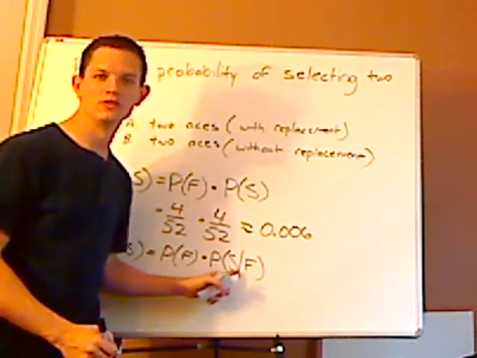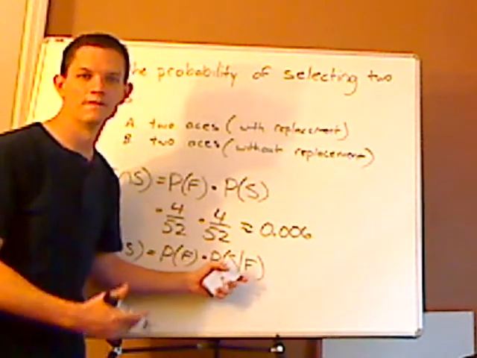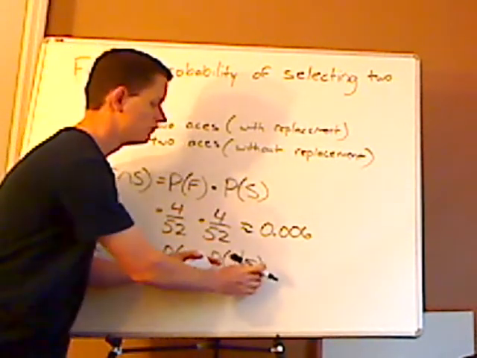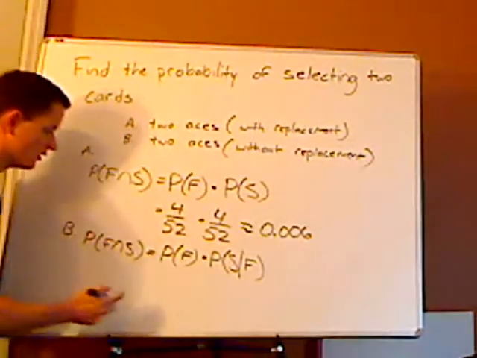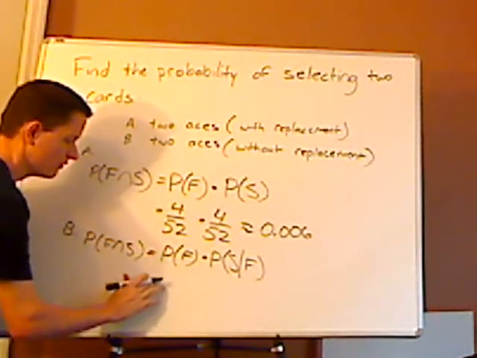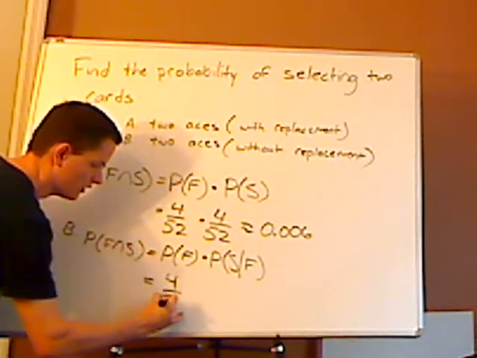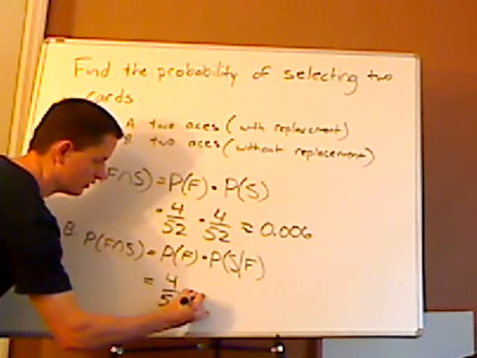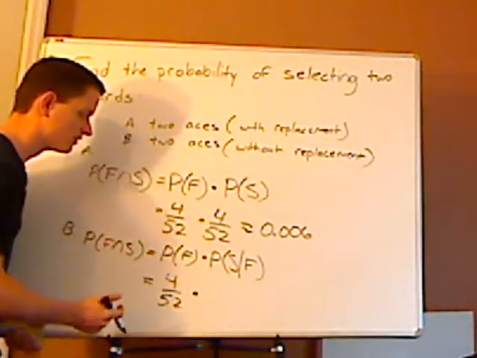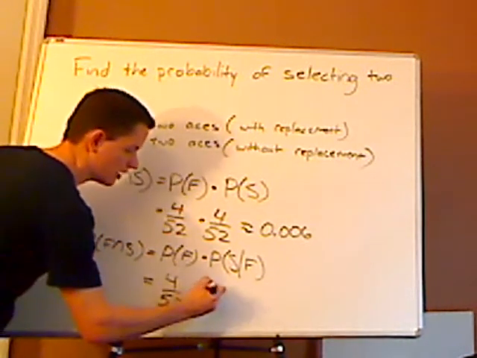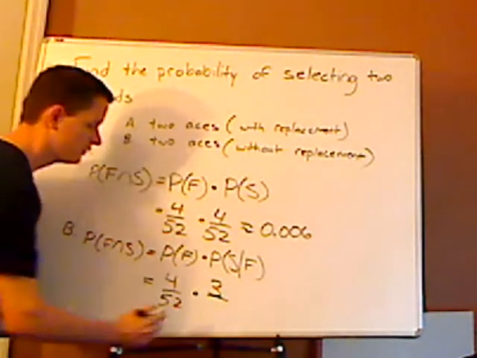This would be conditional probability. The line stands for "given that," meaning that F has already occurred. So the probabilities change. This still stays the same, so it's 4 over 52. Now after I take an ace out, how many aces are left? 3. How many total cards are left? 51.